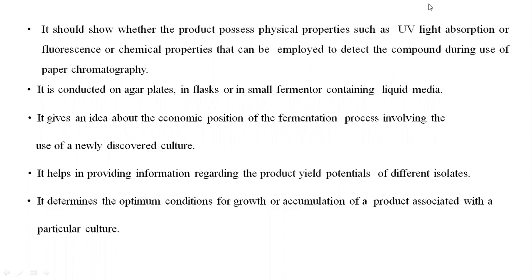Now what does it mean? During secondary screening, you have to follow a flask study. You can also follow some fermenter study. From the solid agar plate, you cannot conclude that this particular organism is able to produce this much amount of product.